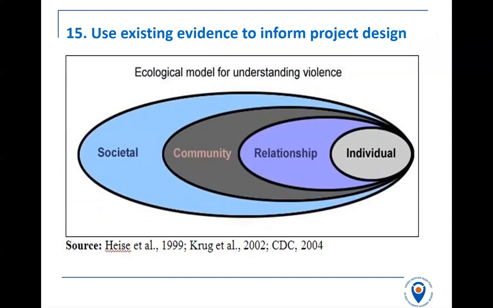So do consider what the research and evidence is saying on working with violence against women and what level you're working at. It doesn't have to be you as an organization that solves all the issues. You can be working with other organizations. So do use evidence and consider how you're trying to influence change at different levels.